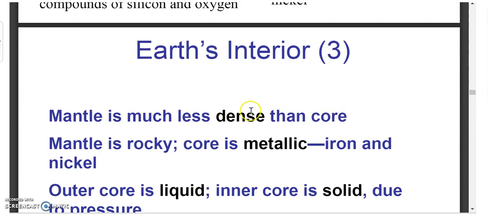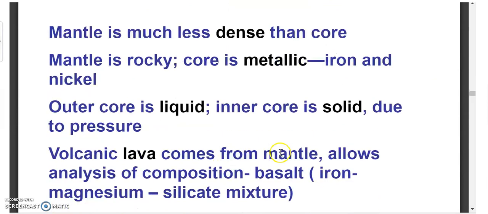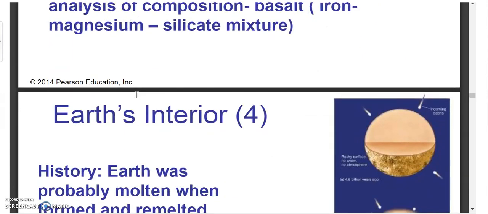So the mantle, of course, is much less dense than the core. The mantle is rocky. The core is more metallic, mostly iron and nickel. The outer core is liquid. The inner core is solid. I think I've already covered all this. All right, that's good.